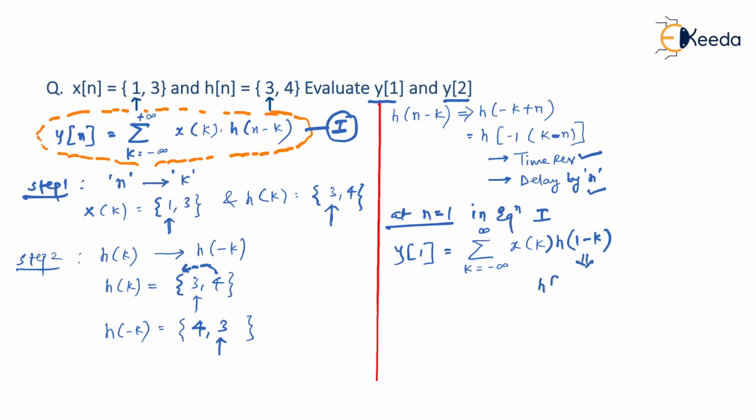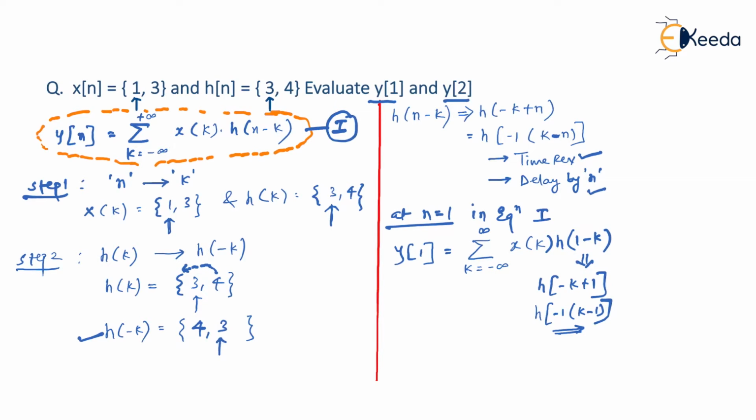It is h of minus k plus 1, that is h of, I'll take minus 1 out, it becomes k minus 1. So when I'm going from left to right, first step is to do a time reversal, which we have already done. So we have h of minus k available here, and thereafter we have to delay by 1.